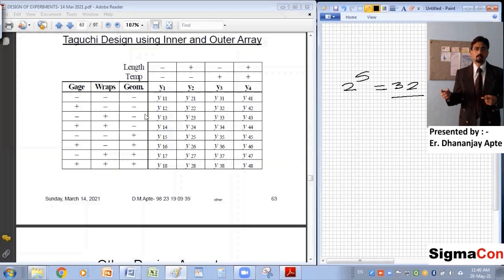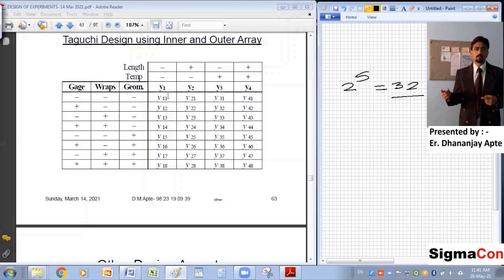Now, imagine these Y values, Y11, Y21, Y31 and Y41. These 4 Y values are not having much variation with each other. What do we reveal out of it?